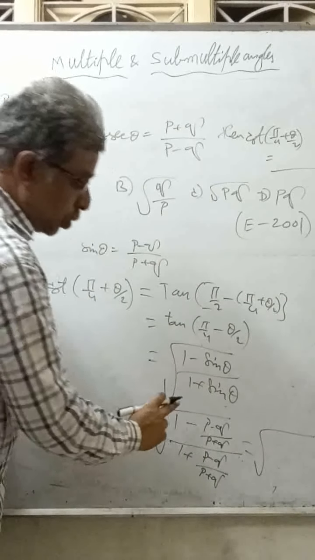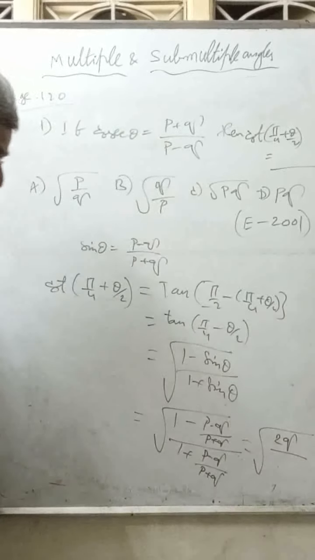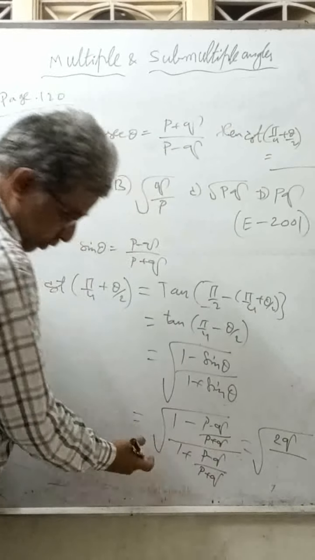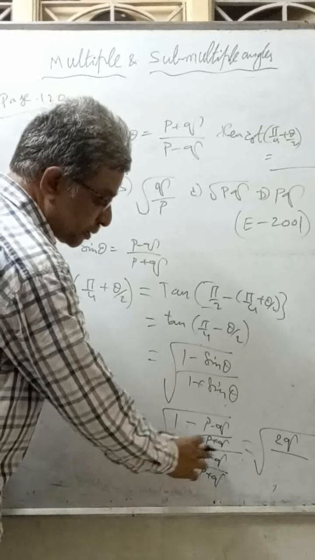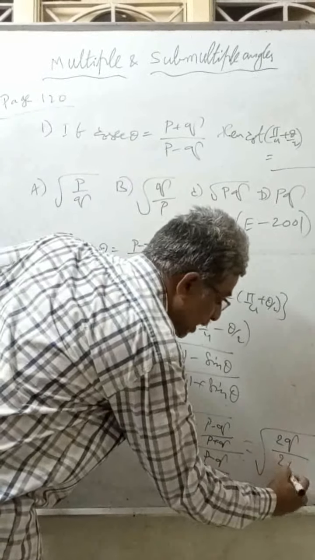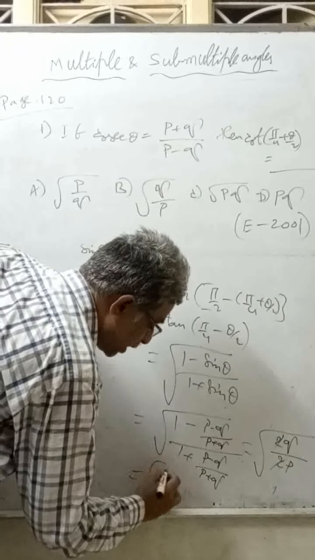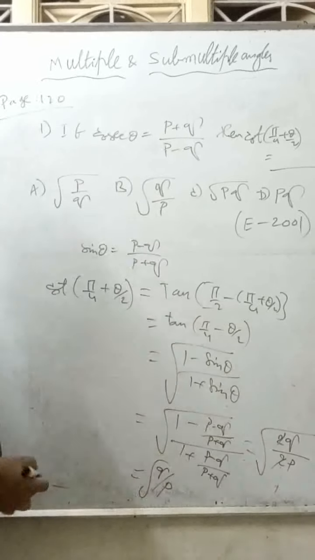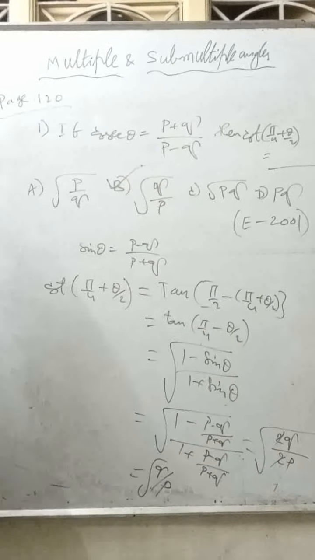P plus q minus p plus q becomes 2q by p plus q, and here also p plus q. If I take LCM, p plus q plus p minus q becomes 2p, and p plus q gets cancelled. Left out is root of q by p. Second option. Our answer is second option, root of q by p.